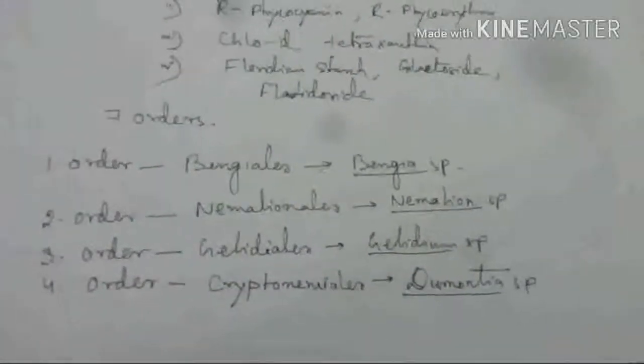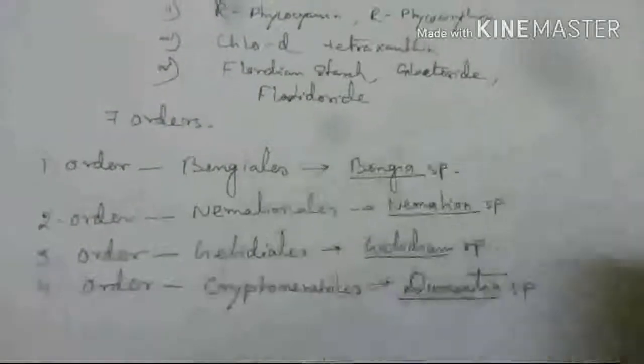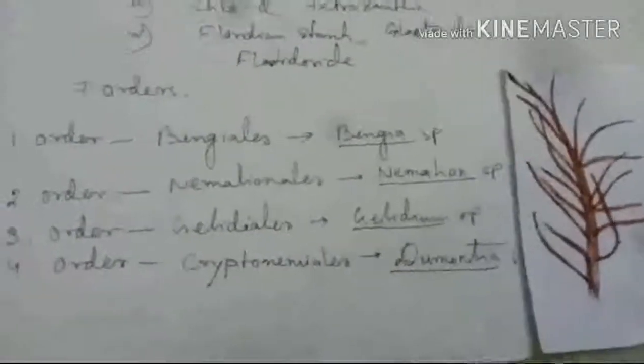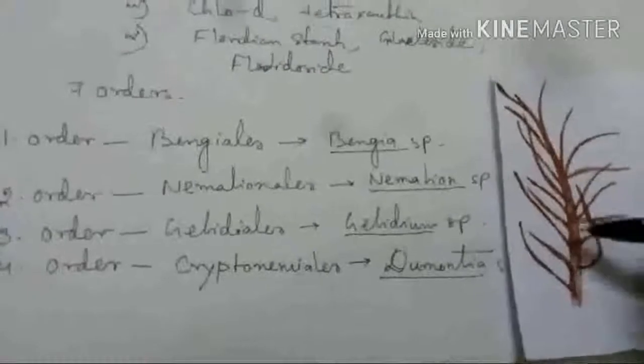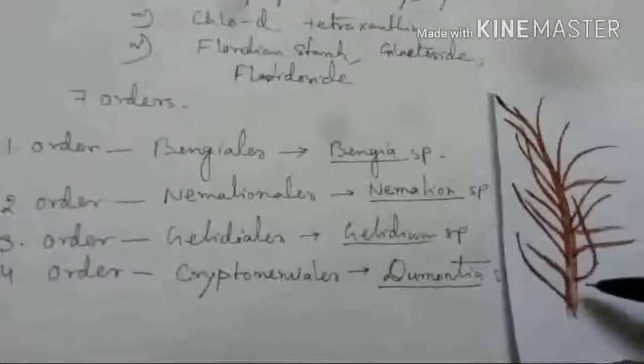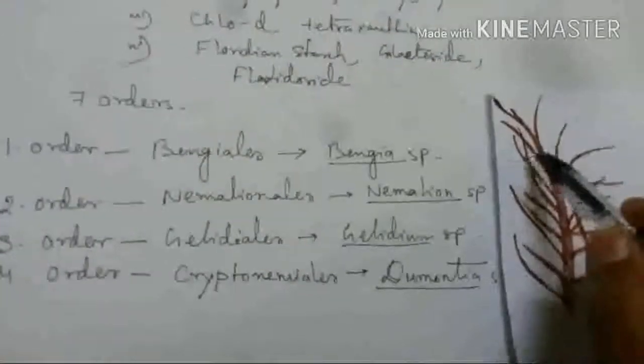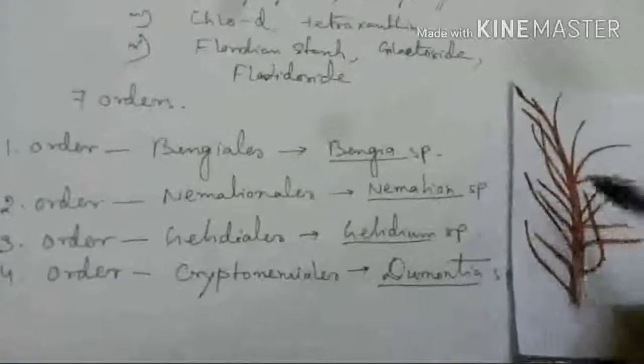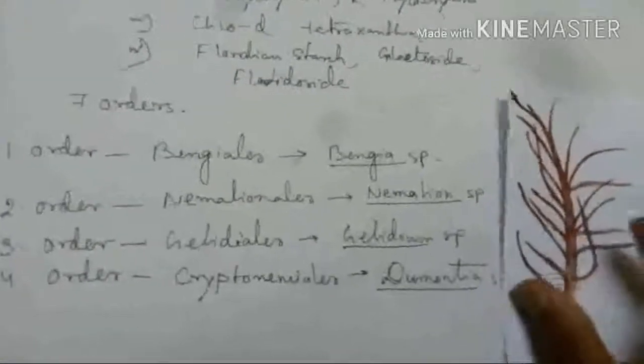This algae is also irregularly branched, but the branches are hollow and soft, and the tip portions of the branches are darker than the other parts of this algae.